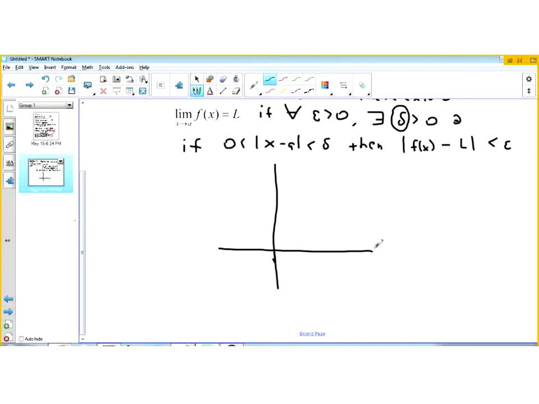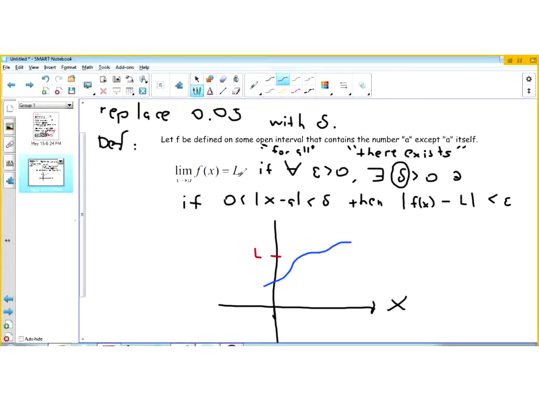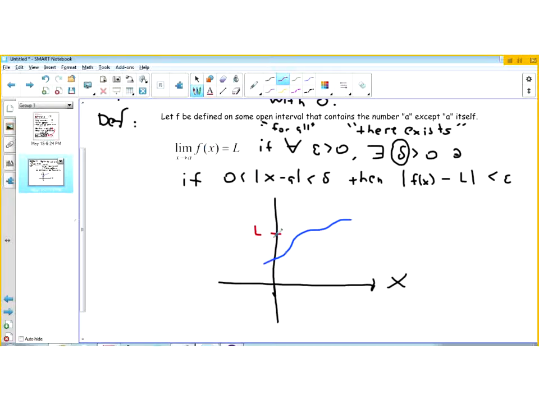So here's my y-axis. Here's my x-axis. Then I have some hypothetical function shaped like this. Here is my L value. The objective is that I want to know if, as x approaches a, f of x equals L. So here is L, and what I do is I choose epsilon.